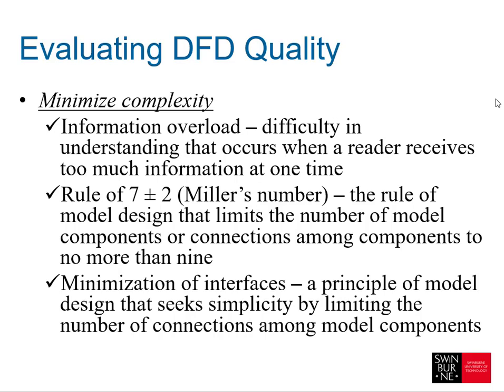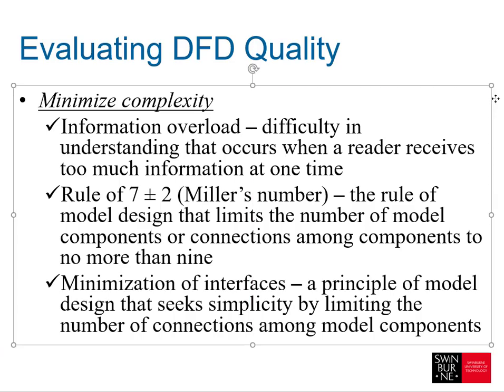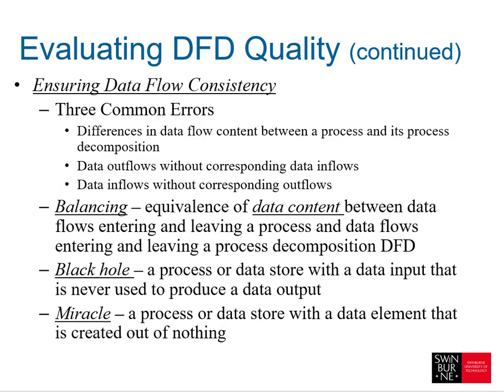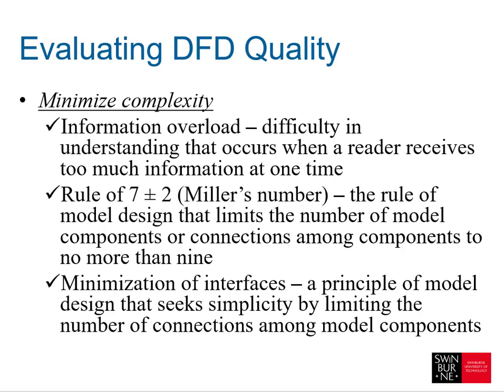The first rule is called the 7 plus or minus 2 rule, and the second rule is to minimize the interfaces in your data flow diagram. All right, so let's go. What do you mean by the 7 plus or minus 2 rule?